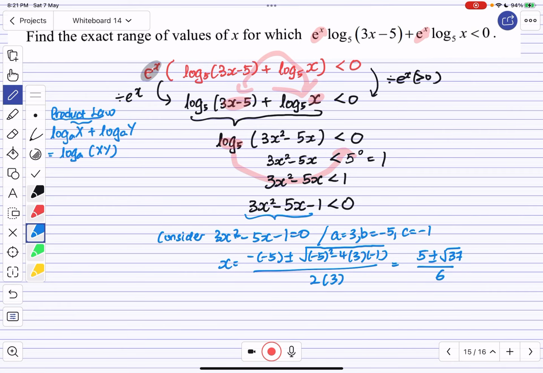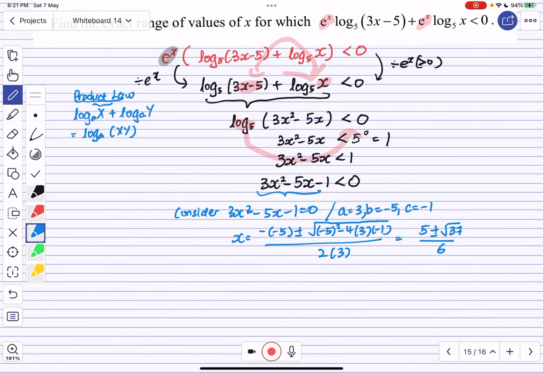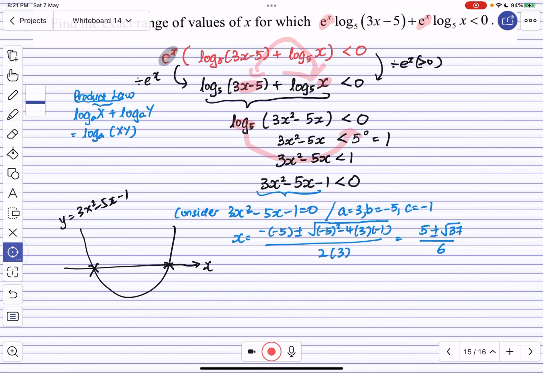Why do I need this? Because we need the roots to help us identify the curve. If I have this curve, y equals 3x squared minus 5x minus 1, the two roots will be the solutions of 3x squared minus 5x minus 1 equals 0. The one on the right will be 5 plus square root 37 over 6.